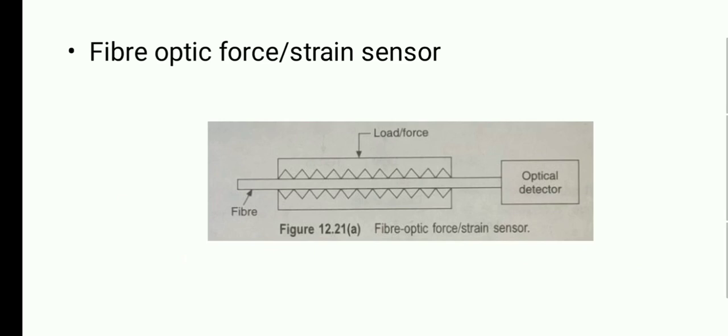So if you want to sense the strain along a very wide surface, then you have to place these fiber optic sensors at different points along the surface. So that becomes a distributed sensor.